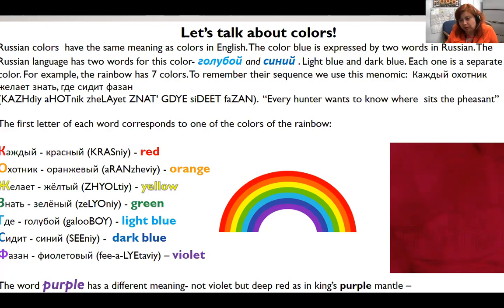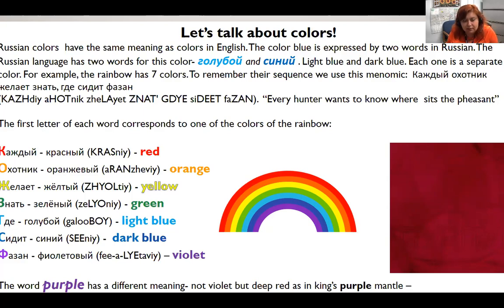So голубой and где start with the same letter G. Then the next one, сидит and синий start with the same letter S, meaning dark blue. So it's the 6th color of the rainbow.